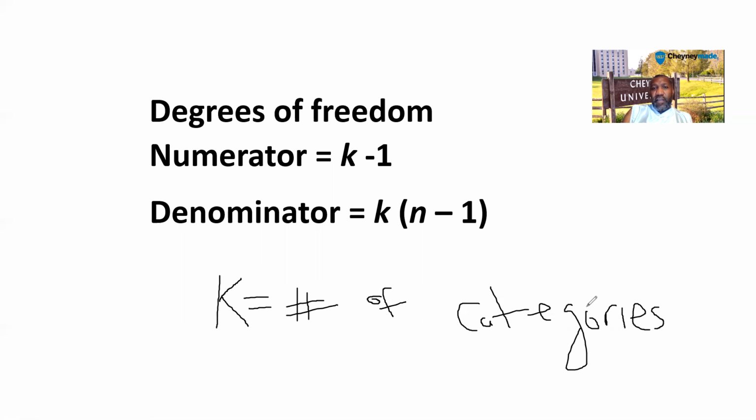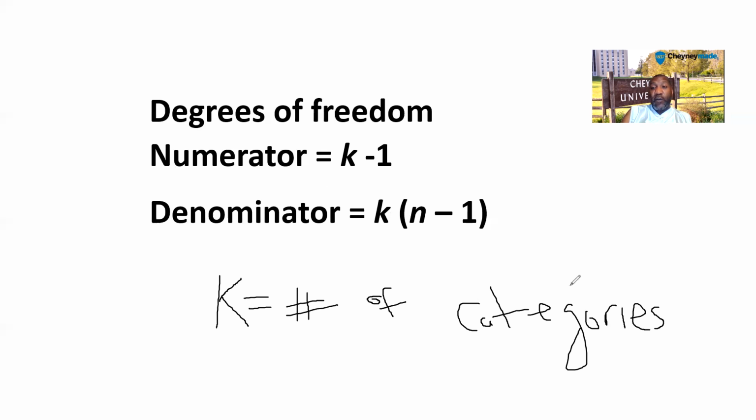So if you got 4 categories, that would be 4 minus 1 would be the numerator degrees of freedom. If we're doing the denominator, the equation for getting the degrees of freedom is k times n minus 1, right? N is referring to the sample size of each of them, and you multiply them by the number of groups you have. So that's how we can find the numerator and denominator degrees of freedom.